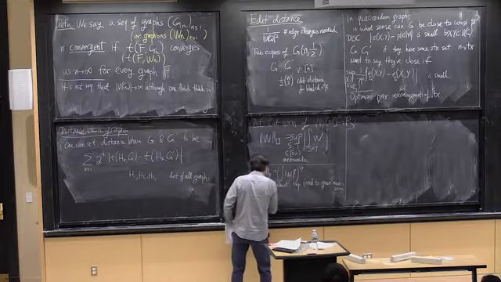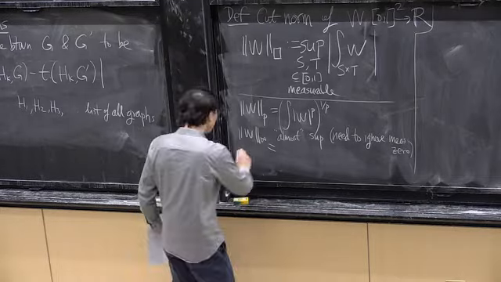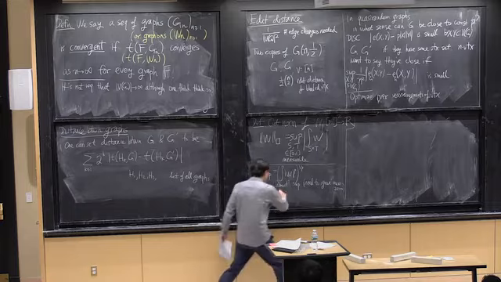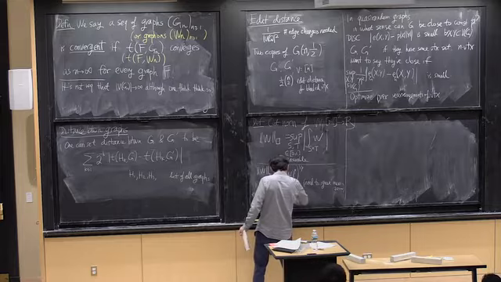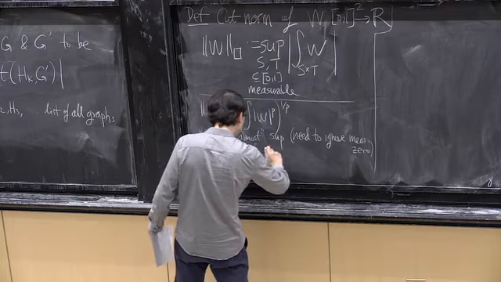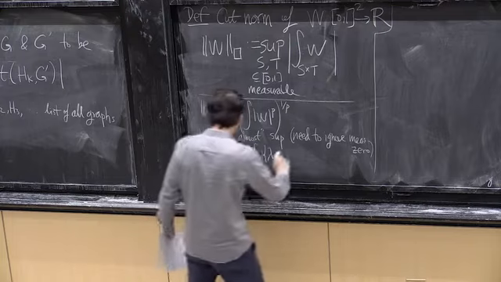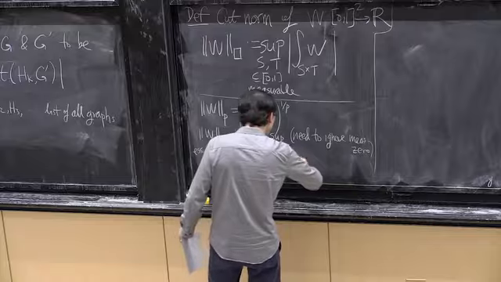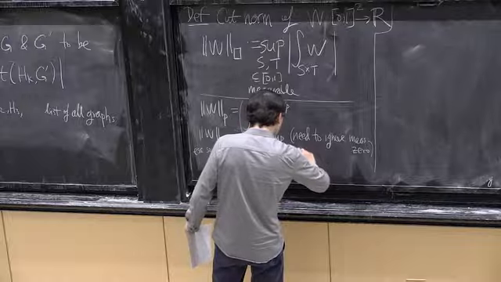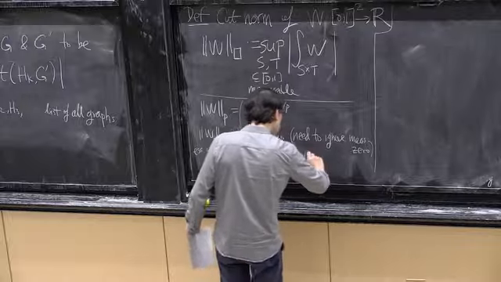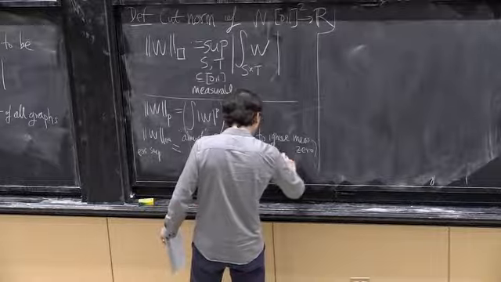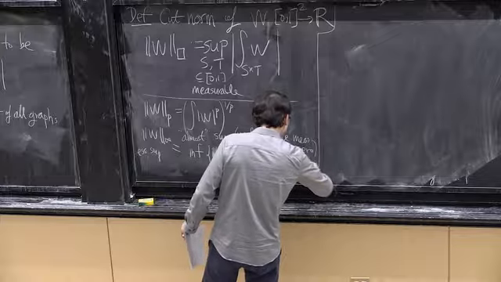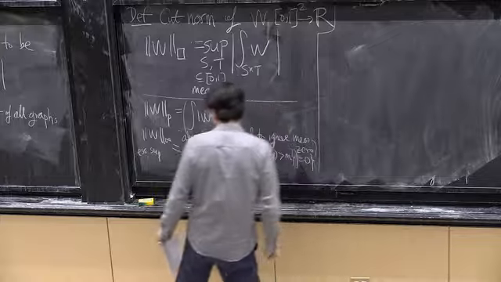So one way to define this essential supremum, the essential sup, is that it is the smallest number m such that the measure of the set where W takes value bigger than m is 0.